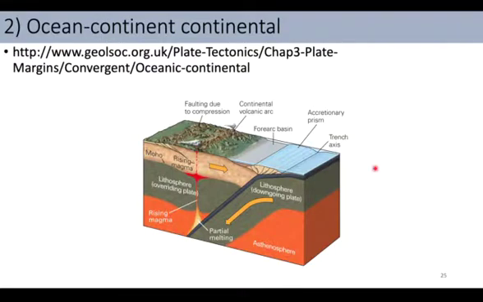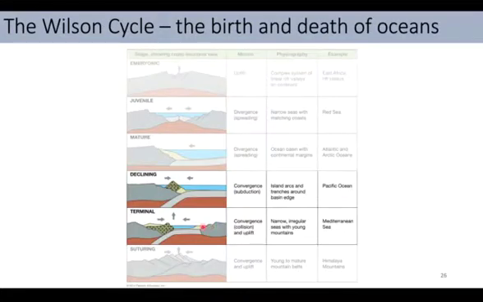So for example, this oceanic plate is going to slowly be sort of swallowed up by this subduction zone. So where you see an ocean closing up in our Wilson cycle, this is almost the death or the removal of the ocean, as this oceanic crust continues to sink, continues to subduct underneath our continent.